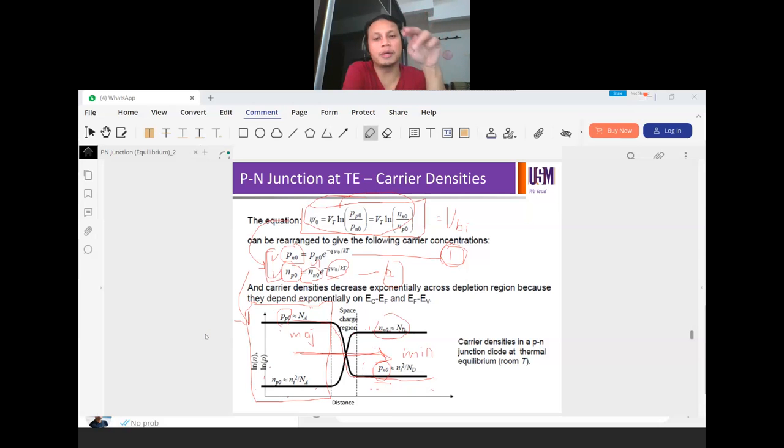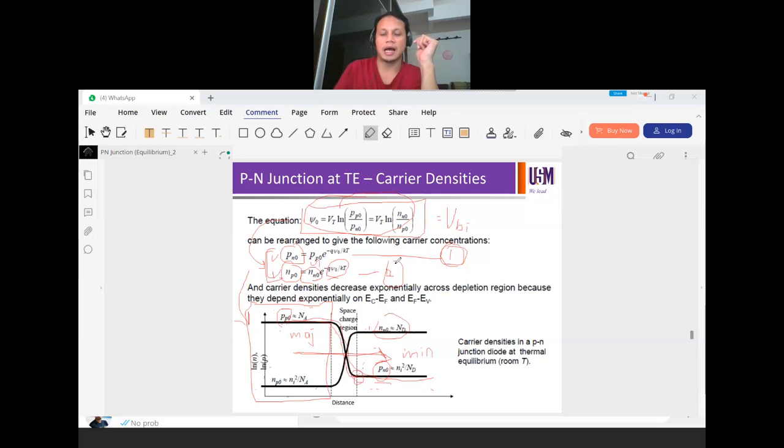So the moment the P and N materials join, you get a PN junction. Now when the holes that were the majority diffuse into n-type, these holes will become minority in the n-type as well. But you don't know how much holes have diffused into this n-type material. So in this condition, you have to use Pn naught equals Pp naught times exponential negative qVbi over kT in order to determine the value of Pn naught.